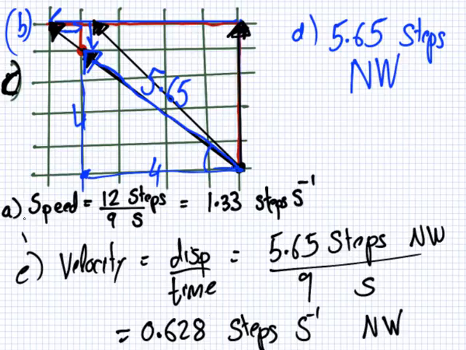You notice that I didn't need to know the speed actually. This does not factor into the answer here, but the only reason I did that is to show you the answer is different if they ask for the average speed and the average velocity. You might think it should be the same answer, but you can see the answer is very different. So I was kind of making a point by doing this one. And do we have to draw this? You only draw what you need to draw to help you to do it.